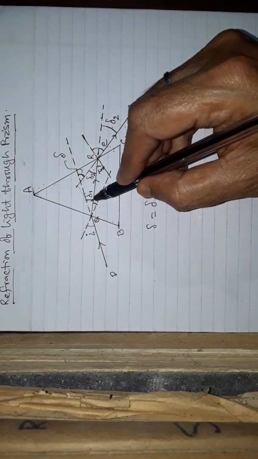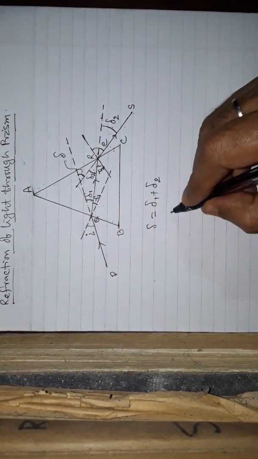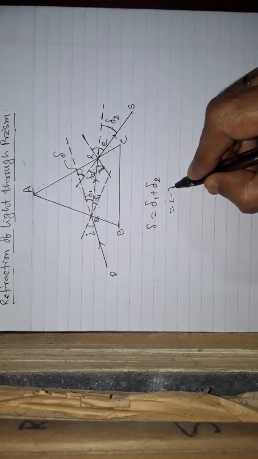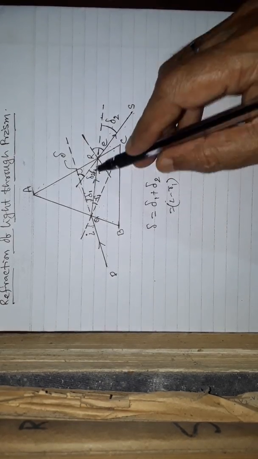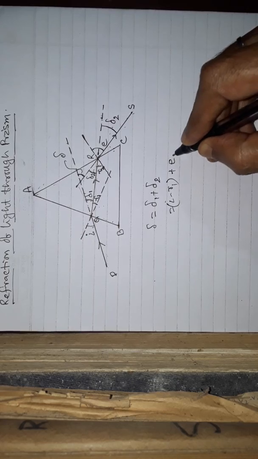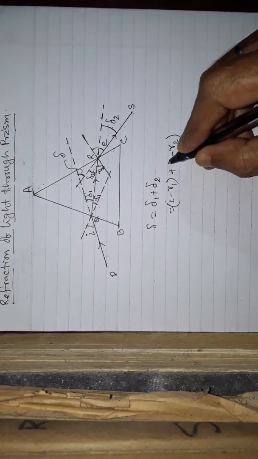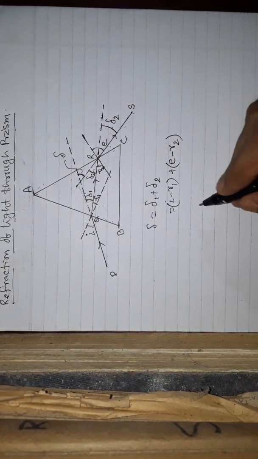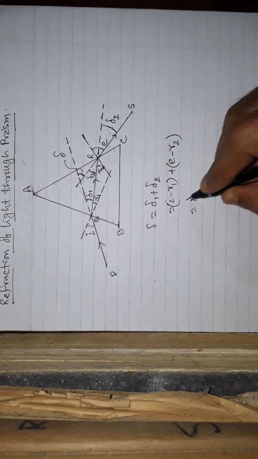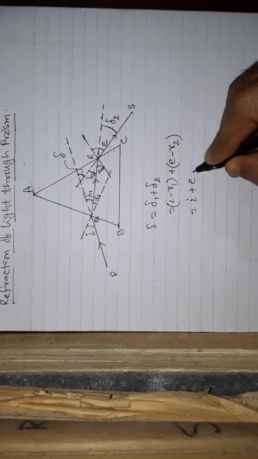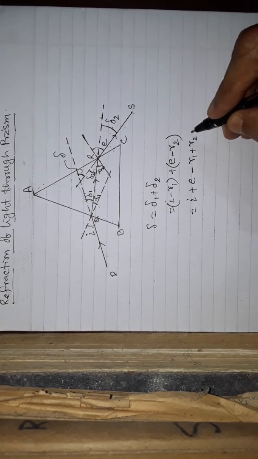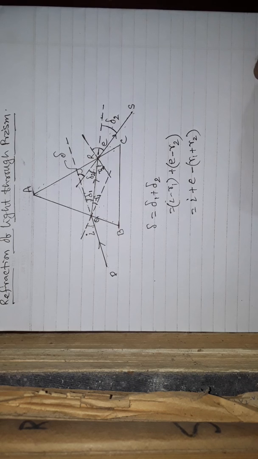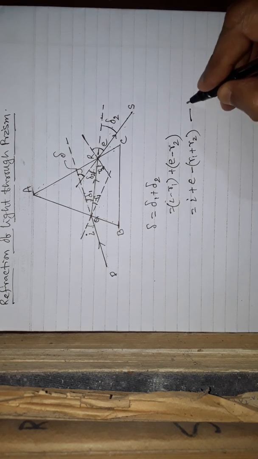Now delta 1 we can write as I minus R1, and delta 2 as E minus R2. So it is I plus E minus (R1 plus R2). So this is equation 1.